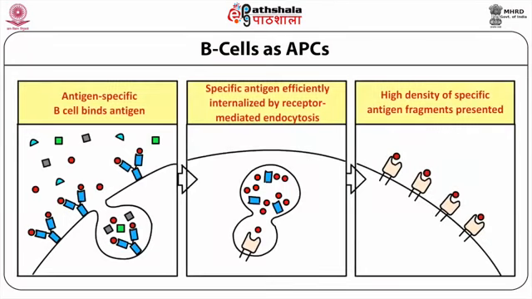B cells express high levels of MHC class II molecules constitutively. The result is a high level of antigen presentation in the form of MHC class II antigenic peptide complexes. This in turn leads to their interaction with CD4 T cells. This activates naive CD4 T cells, which in turn drive the B cell differentiation and response further.